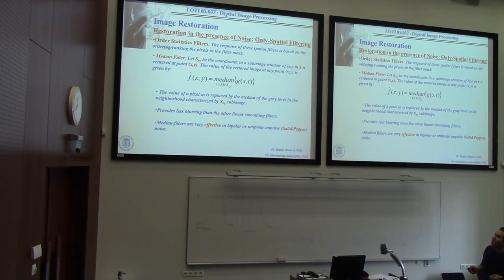The first is the median filter, which we can easily use to restore the image by using this equation or expression, and it has more effect on bipolar and unipolar impulse or salt and pepper noise. You see that we removed salt and pepper noise by using the counterharmonic filter, but when we use the median filter, we keep more details in our image and we just remove the noises.